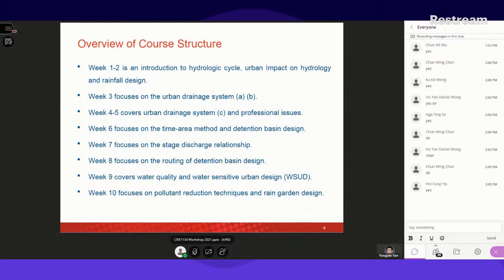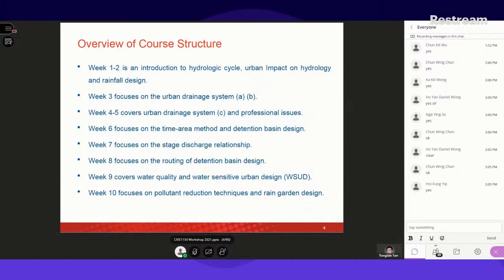That will cause changes in the hydrology and the rainfall runoff of the post-development area.